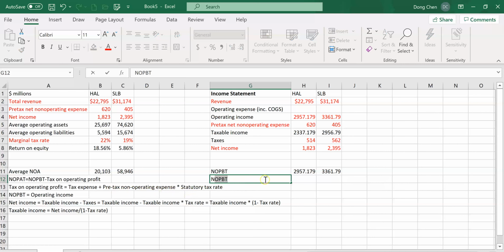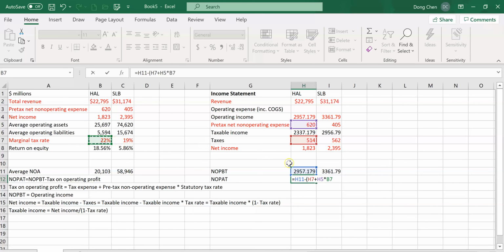So NOPAT equals NOPBT minus tax on operating profit, where the tax on operating profit equals tax expense, it's right here, plus pre-tax net non-operating expense, then times the tax rate.